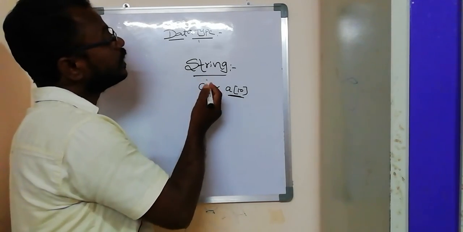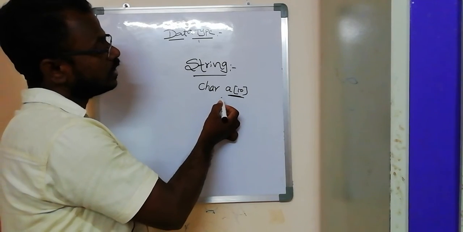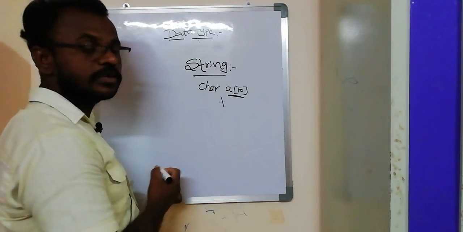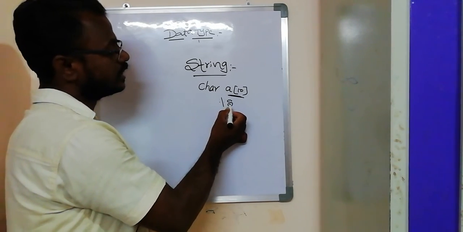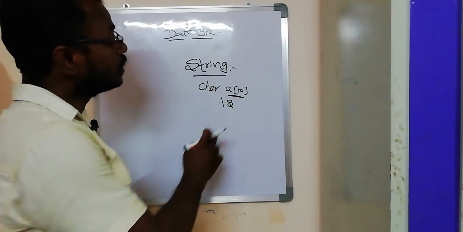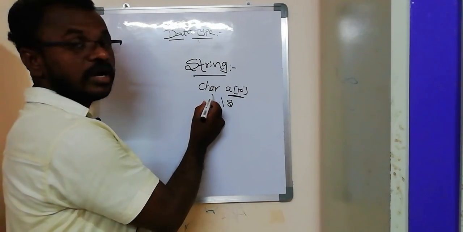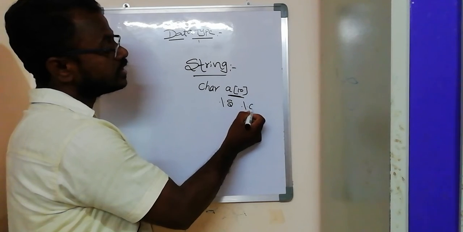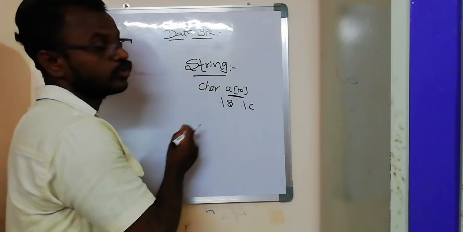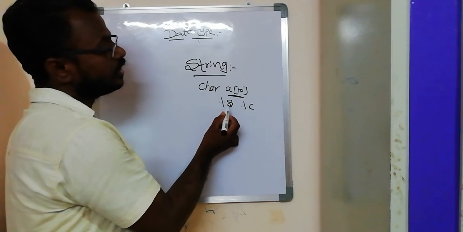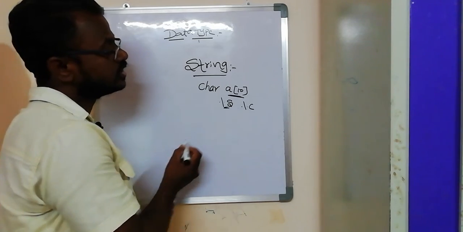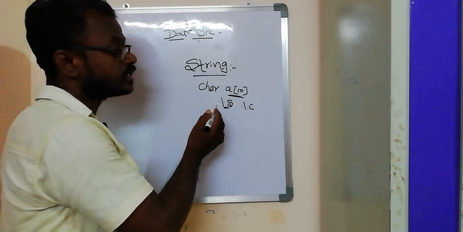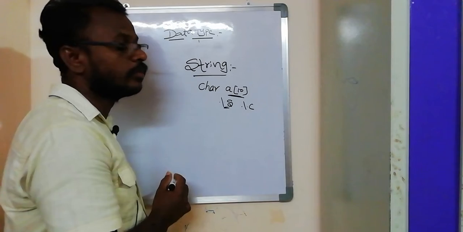We can print this data type using the format specifier %s. A character value can be printed using %c, as in the earlier topic. But to print a string value, we must use %s in a C program.